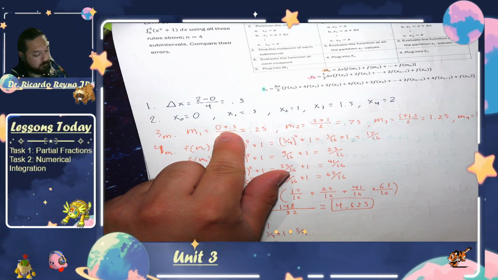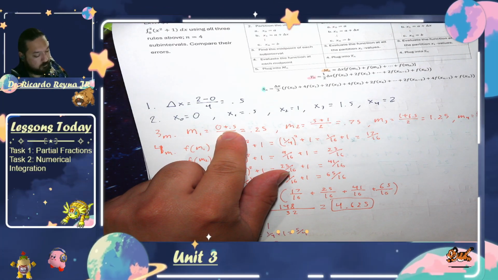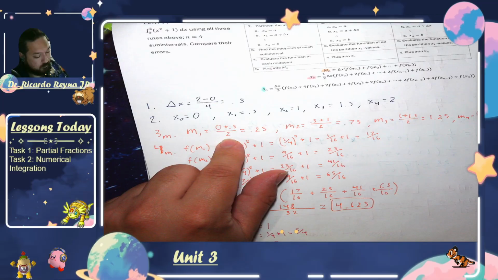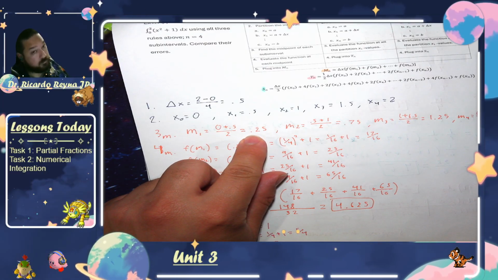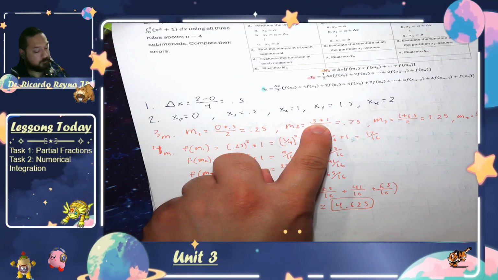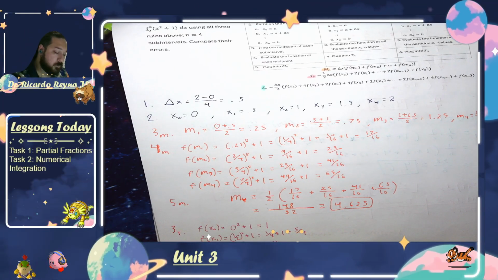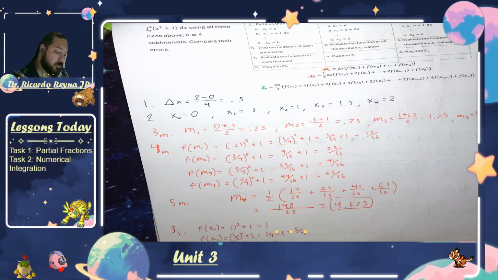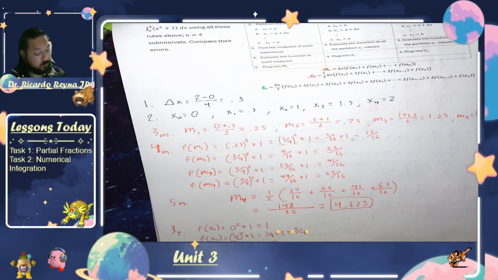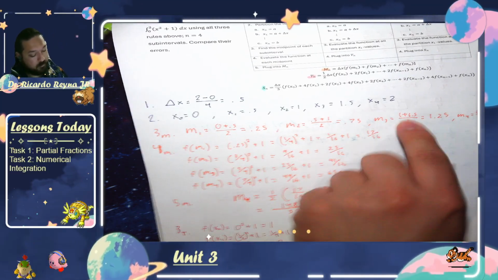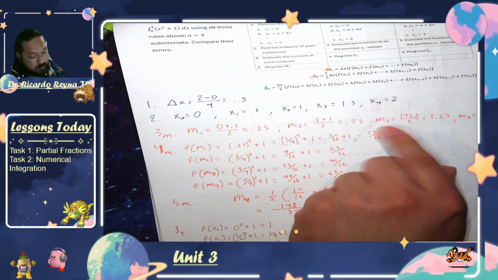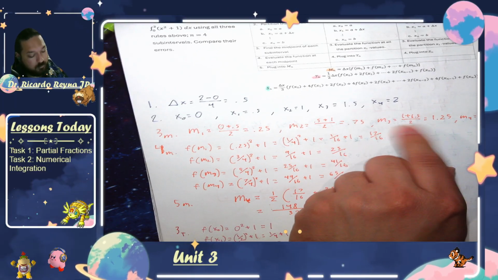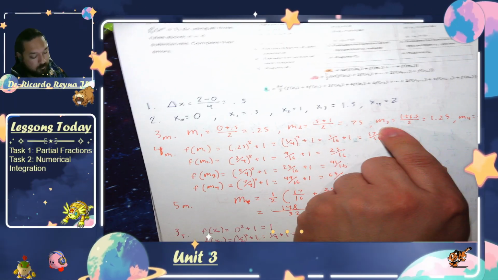So the first midpoint is 0 plus 0.5 divided by 2, which is 0.25. And then the second midpoint, which is 0.5 plus 1 over 2, is 0.75. The third midpoint, between 1 and 1.5 over 2, is 1.25.